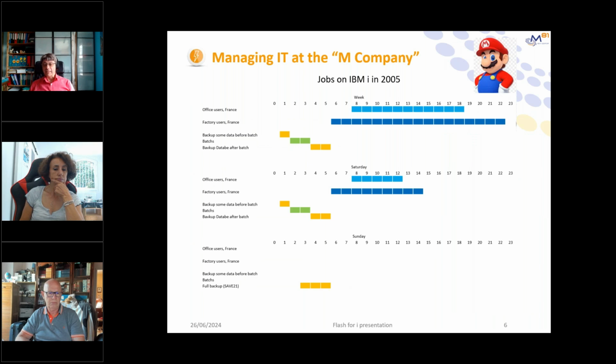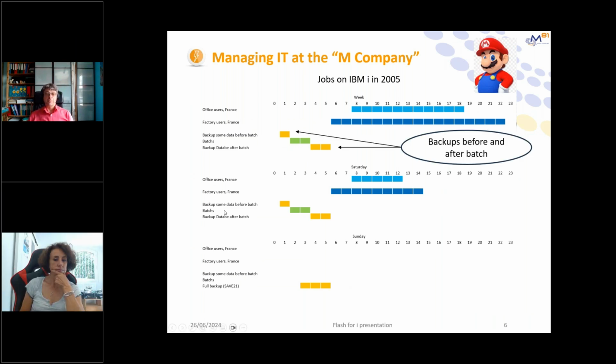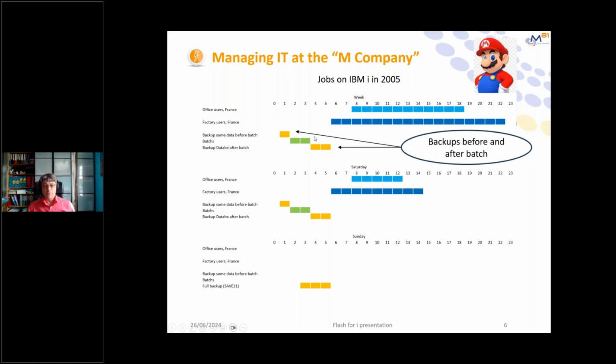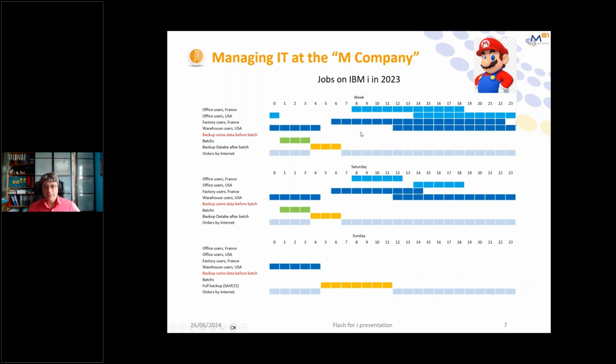The planning 20 years ago, we had the batch here, and for the batch it was easy to have backups before and backup after. And we had the time to make a Save 21 every Sunday. And this is when the users were connected at the office and in the factory.